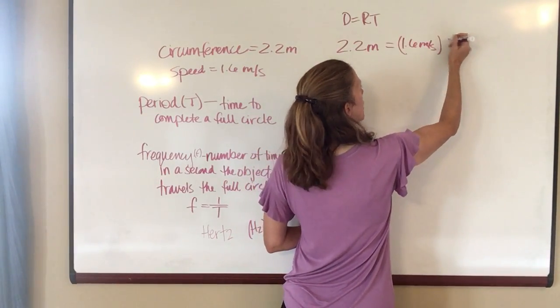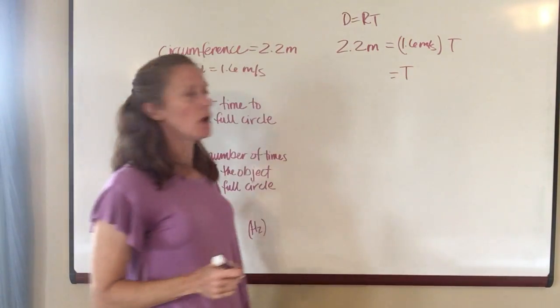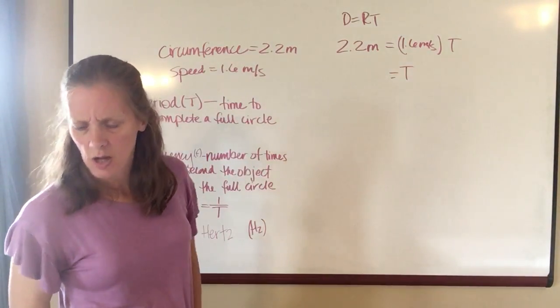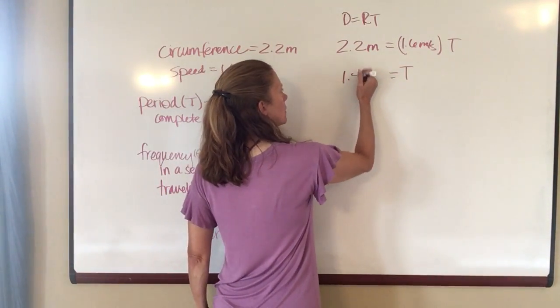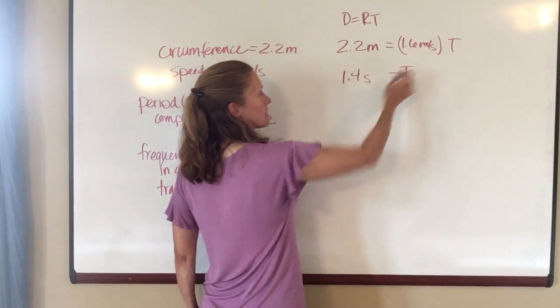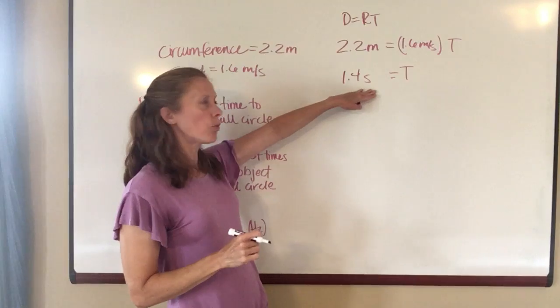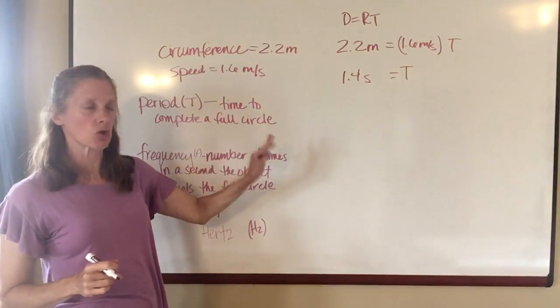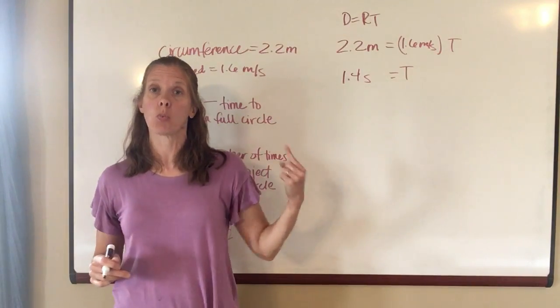And then I can solve it for the time, which in this case is going to be also the period. So if I divide that out, that's going to give me 1.4 seconds. Meters cancels, and I'm left with seconds. So the period of 1.4 seconds tells me it takes the dog 1.4 seconds to go around the circle one time.